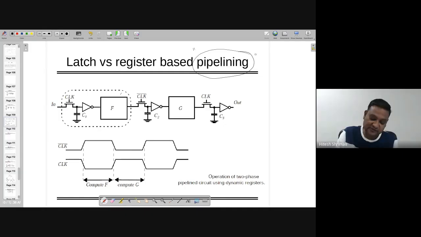Okay, so as I was telling you, you might have the pipelining, like one function is f, one function is g. It might be anything, like f is an AND function.